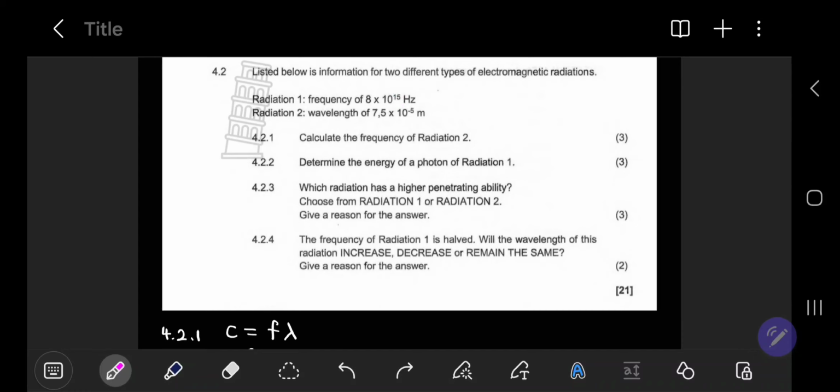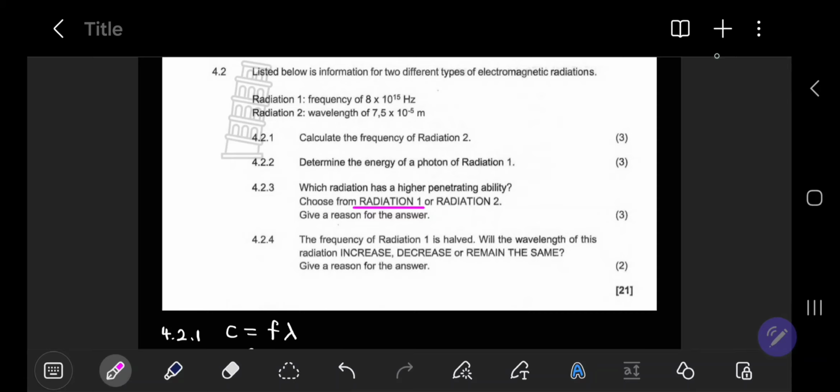The one with the bigger exponent is the higher value. So radiation 1 has a higher frequency, and for electromagnetic radiations, the higher the frequency, the higher the penetrating ability. So our answer here is going to be radiation 1.